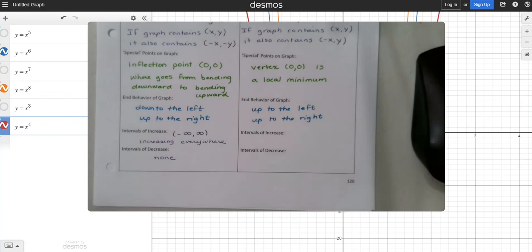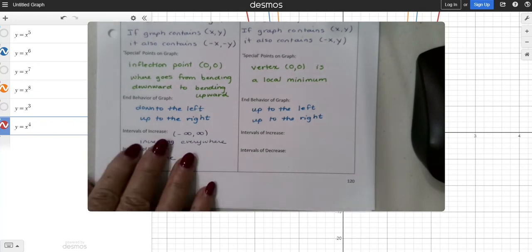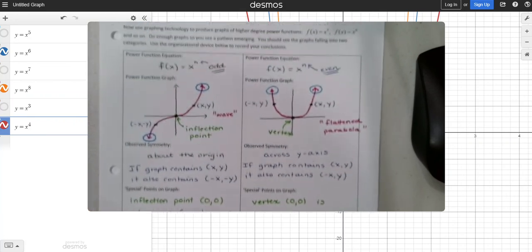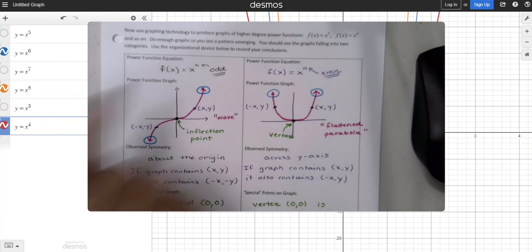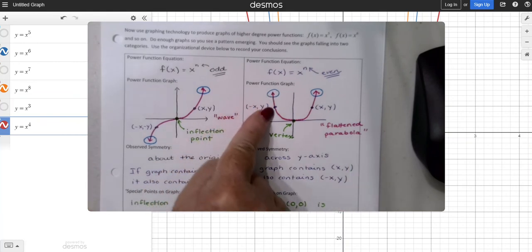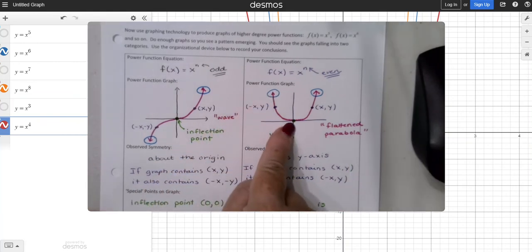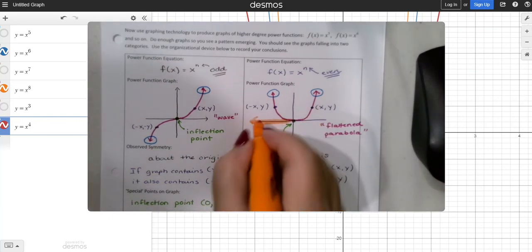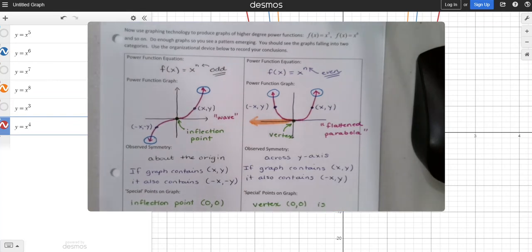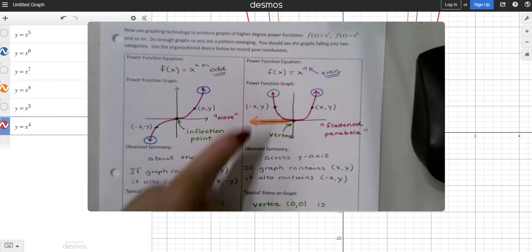All right, this one does have both increasing parts and decreasing parts. So let's take a look back here again. I'll notice that the graph is going, read from left to right, it's going downhill until I get to the vertex. So from negative infinity to 0 on the x-axis, the graph goes downhill.